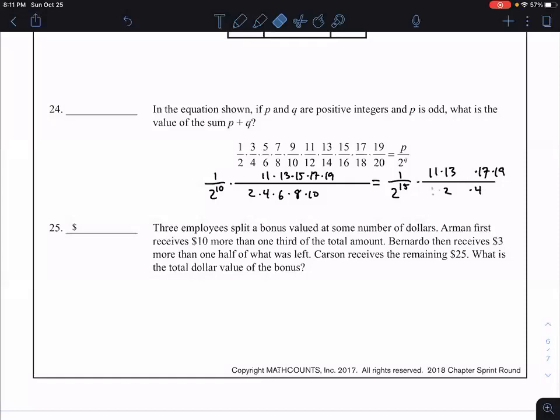And let's just get rid of this one. Now our denominator is divisible by 2 again. So we can take out all the 2's. And we're going to get 2 to the power of 18, and then multiply all of this.